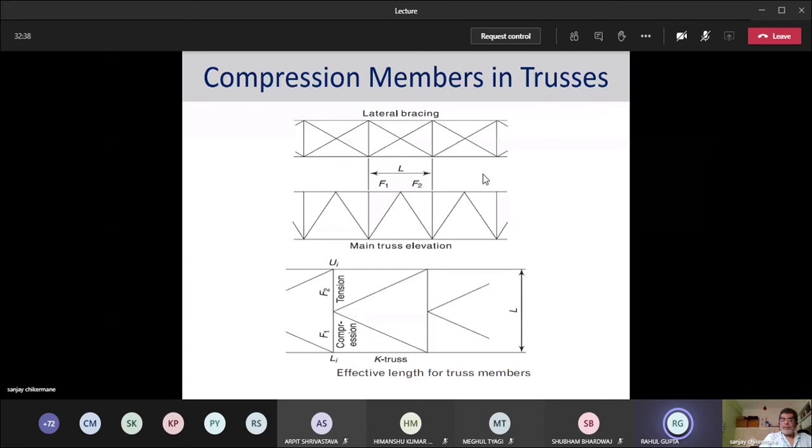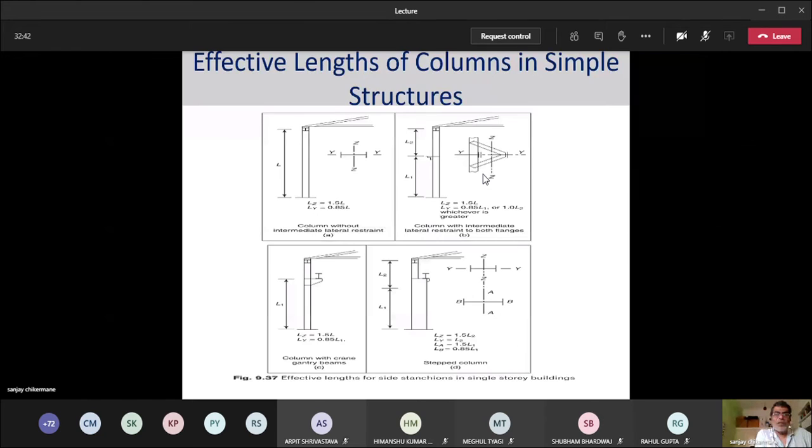Yes, sir. Then, effective lengths of columns in simple structures. If I've got this member here, I'll have a different L if I'm looking at the y-axis and if I'm looking at the z-axis. In the y-axis, I'm seeing that it is a kind of fixed member.